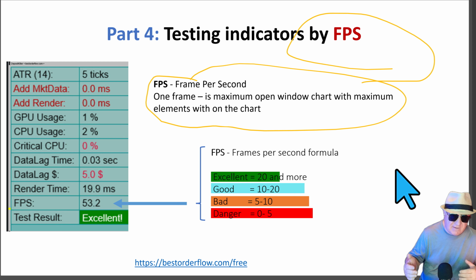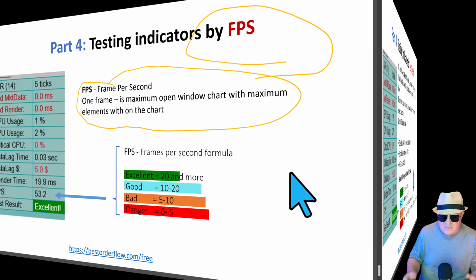But when it goes to only 5 to 10, then it is a situation we need to be concerned about, and we need to weed out the indicators that are giving us a hard time. And if the frames per second jump into the danger zone, 0 to 5 only, that means the processor is having a hard time, having hiccups processing the frames.